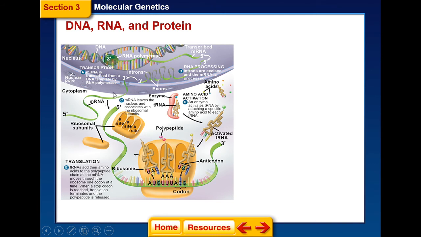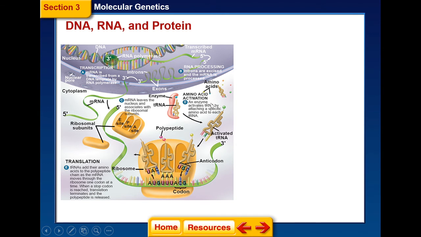So the mRNA leaves the nucleus and associates with the ribosomal subunits. So it meets up with these subunits, and eventually we get amino acids, and this is where we'll get to the translation process.